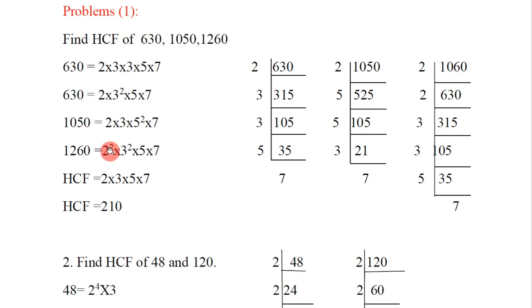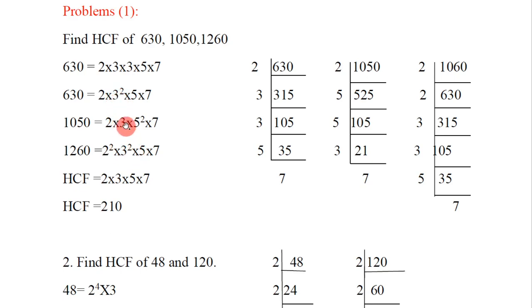So 2 square, 4, is a factor of 1260, but 4 is not a factor of these two numbers. So the highest common factor in 2 power is 2 power 1. Then go for the next number, 3. 3 square, 3, 3 square.